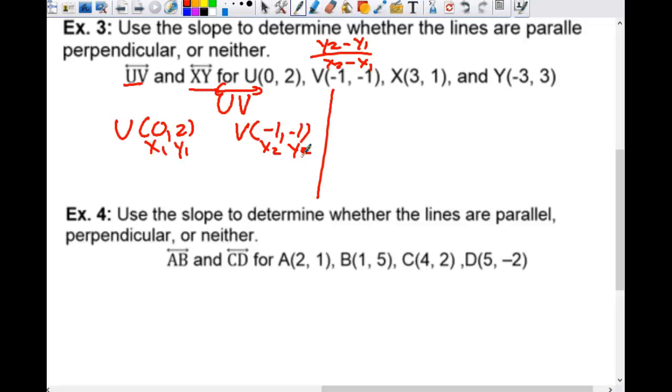Plug in. -1 minus 2 divided by -1 minus 0. -1 minus 2 is going to be -3. -1 minus 0 is going to be -1. What does this simplify to be?